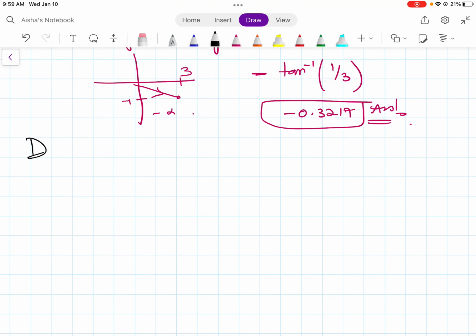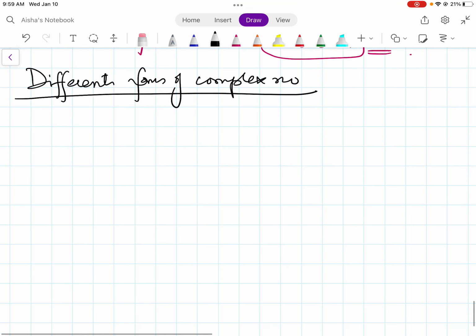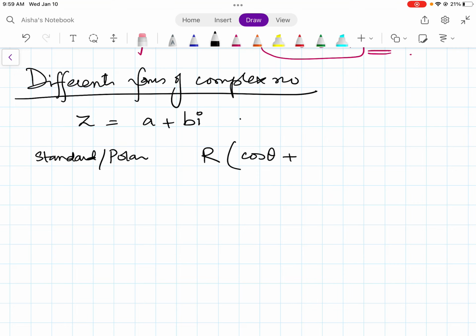Now different forms of complex number. This is the normal form that we write, a plus b iota. There's another form which is called polar form, which is r cos theta plus i sin theta, where r is the modulus and theta is the argument.